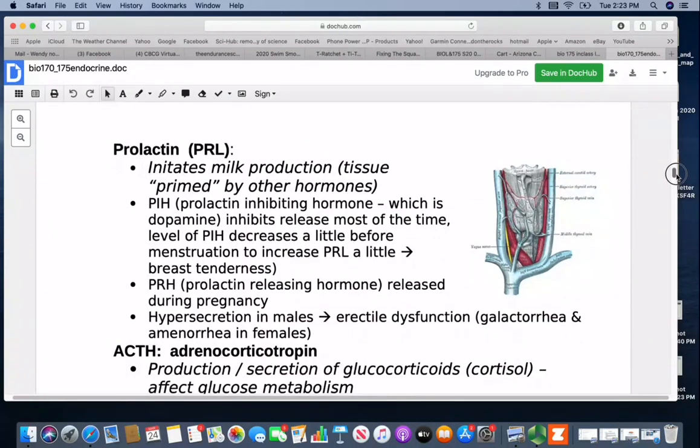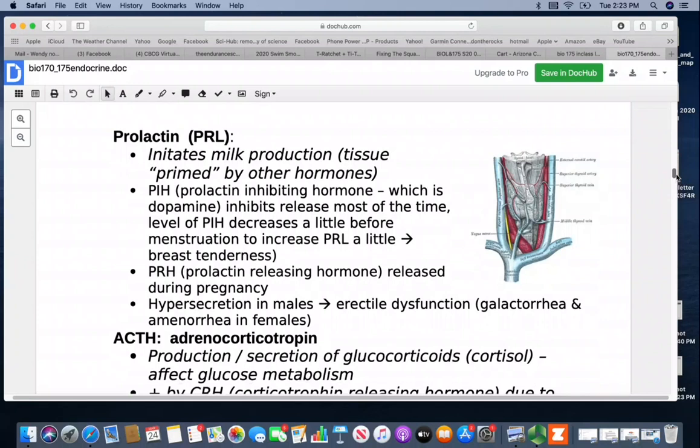So prolactin is going to initiate milk production. However, it has to do it in tissues that have been primed by other hormones, so prolactin by itself is not going to lead to milk production. Prolactin inhibiting hormone, which is chemically the same thing as dopamine, is going to inhibit the release of this most of the time.